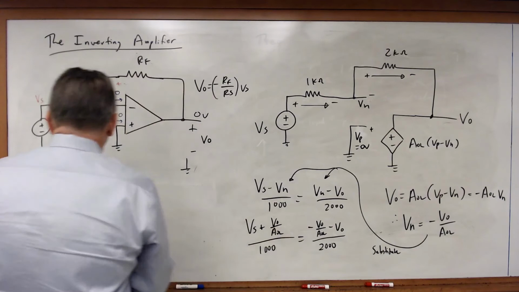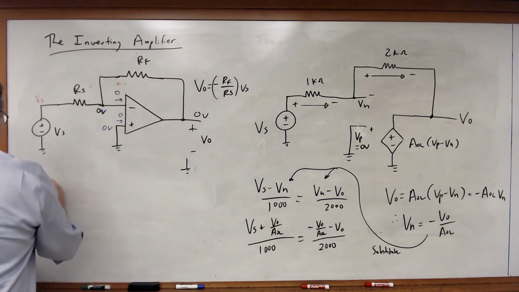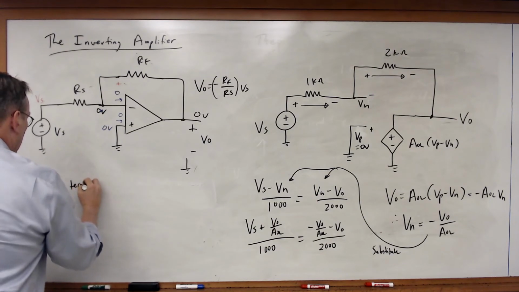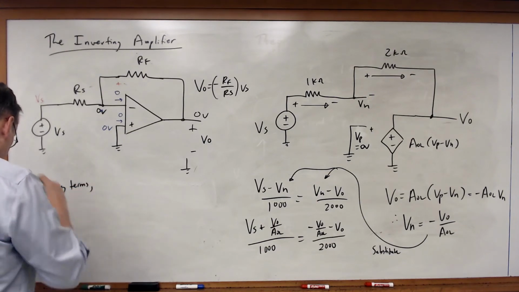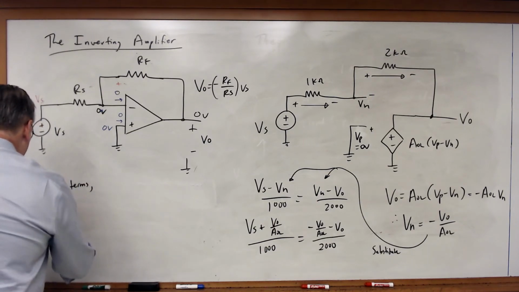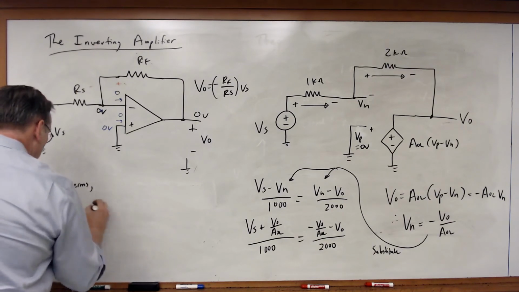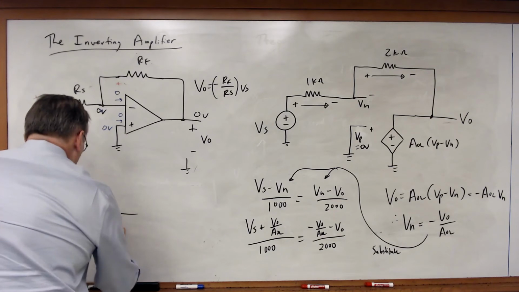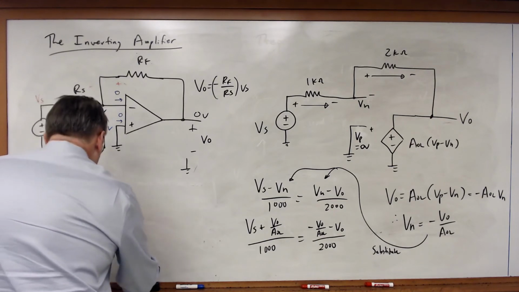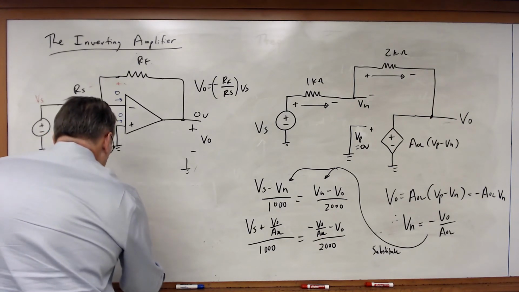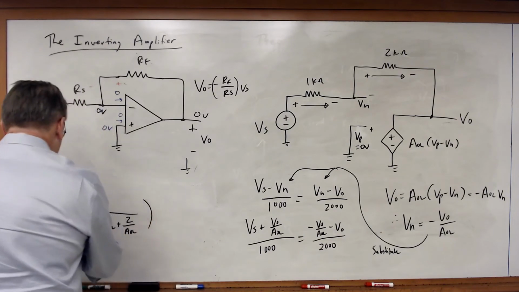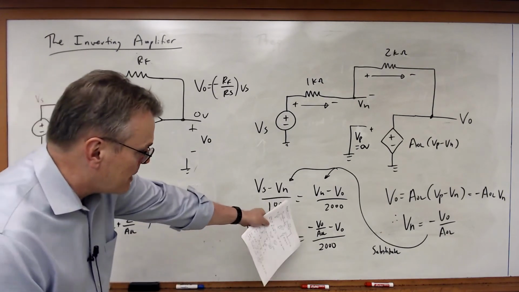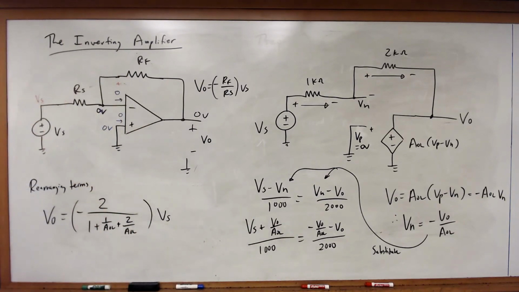And so rearranging terms, what I will get is that VO will be equal to minus 2 over 1 plus 1 over AOL plus 2 over AOL, times Vs. So after a couple of steps of algebra, I get to this.